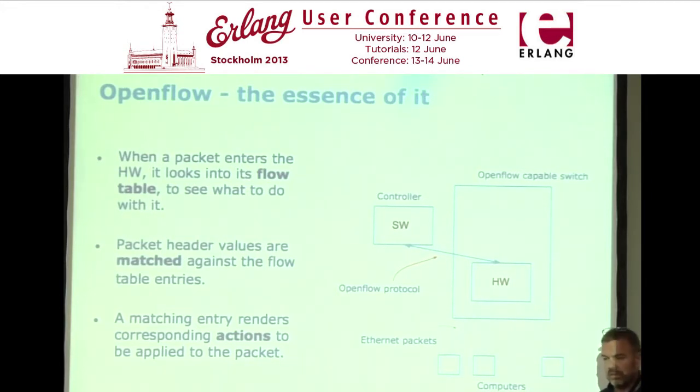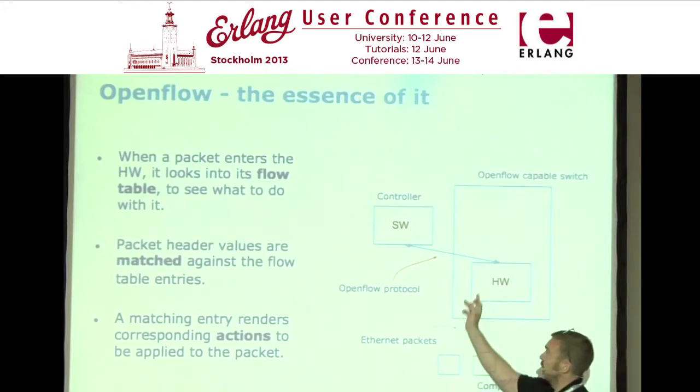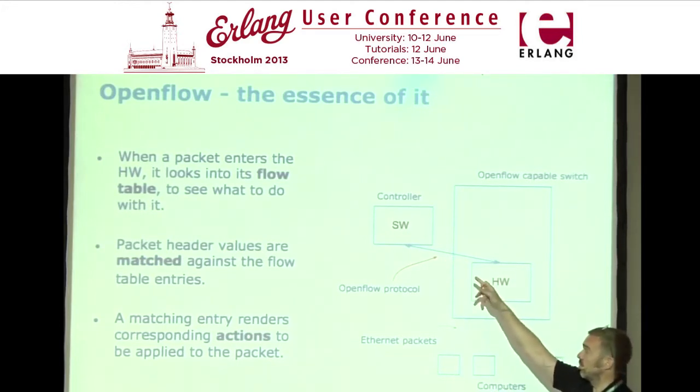And if it does, it's going to produce a set of actions which is coupled to that table entry. And in case nothing matches in the table, we have to ask the controller what we are going to do with this packet. And the controller can instruct the hardware to do something, either send it out to a certain port, or rewrite a part of the header, or just drop it on the floor, perhaps.